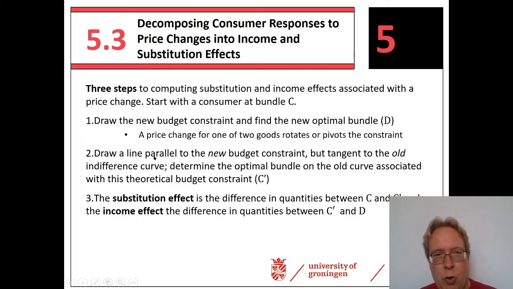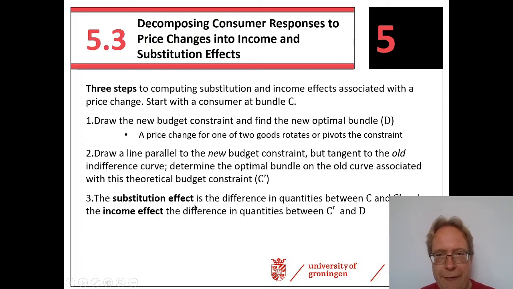But now you draw a line parallel to the new budget constraint, but tangent to the old indifference curve. So we compensate you for your gain or your loss in income such that you end up at your original indifference curve. And we call that hypothetical bundle, if you like, C prime.